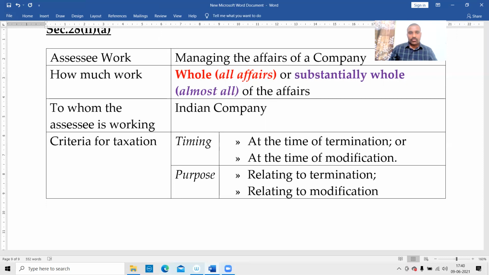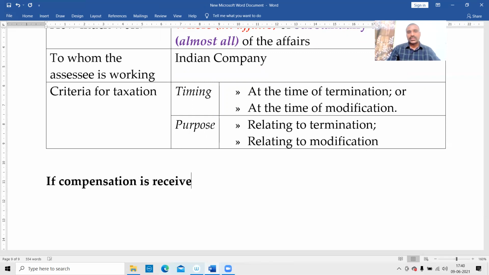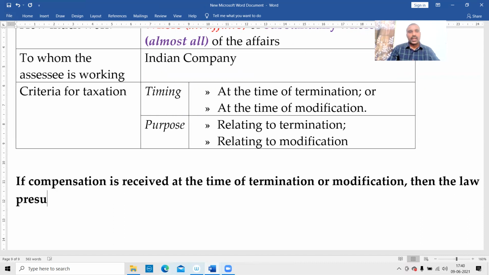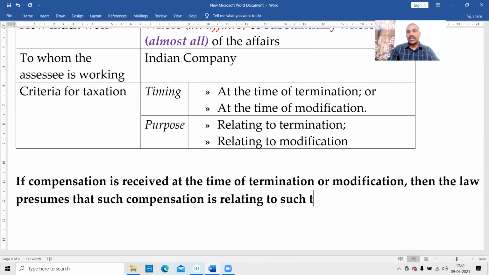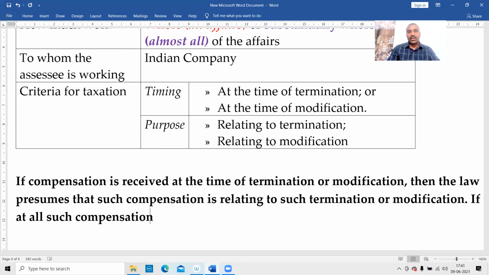If compensation is received by the assessee at the time of termination of the agreement, or modification, then the law presumes that such compensation is relating to such termination or modification only.